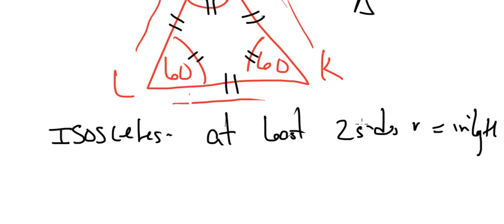So can an isosceles triangle have three sides equal in length? Yes. That's right. Equilateral is also isosceles. It just has to have at least two sides match. If the third side matches, that's a bonus. But at least two sides have to match for it to be isosceles.